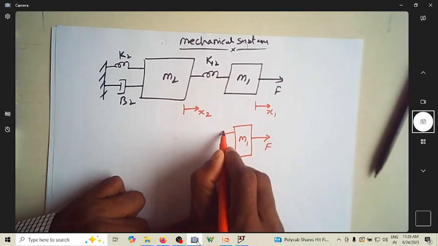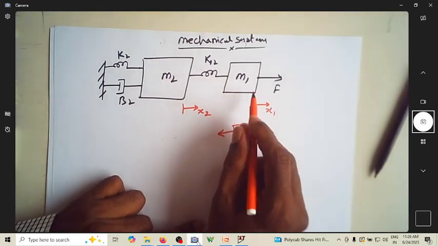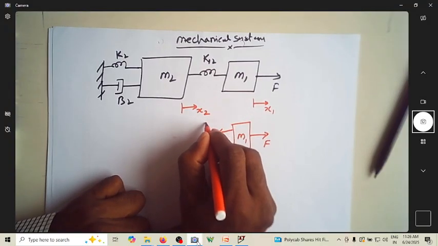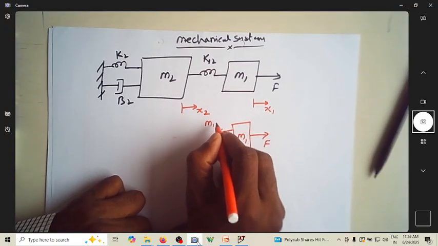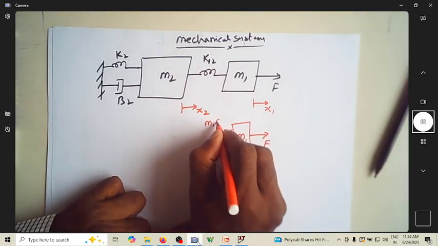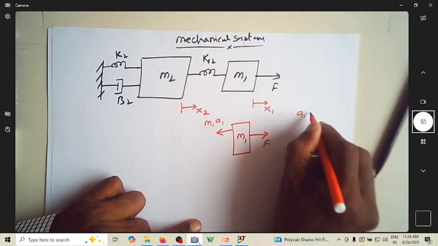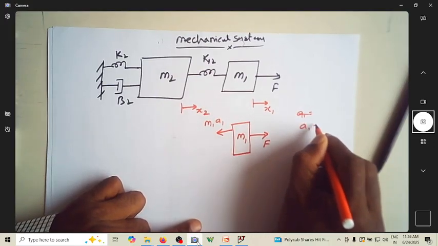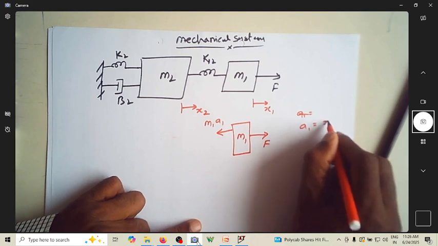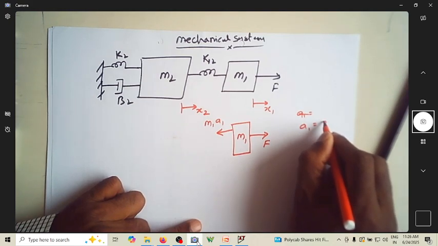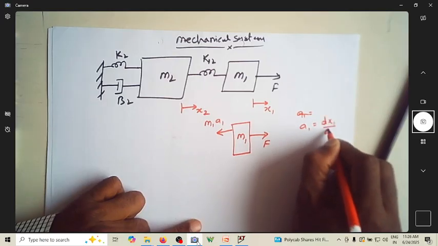It is opposed by the force due to the mass, that is m1 into acceleration. Let me call the acceleration a1, which is due to the displacement x1.